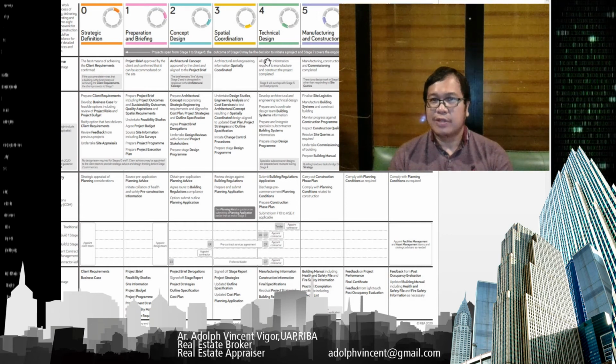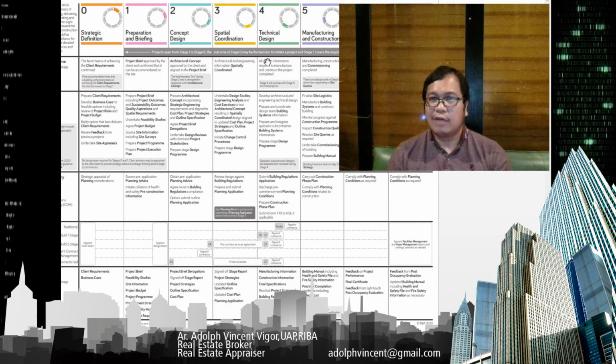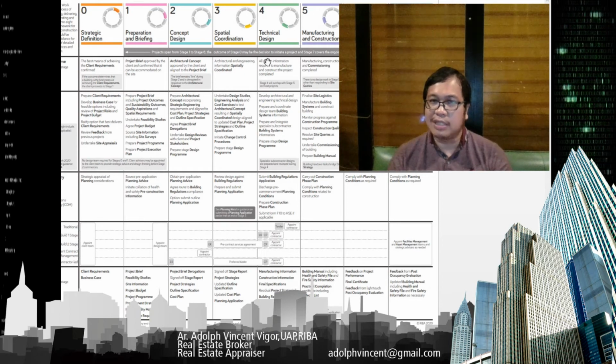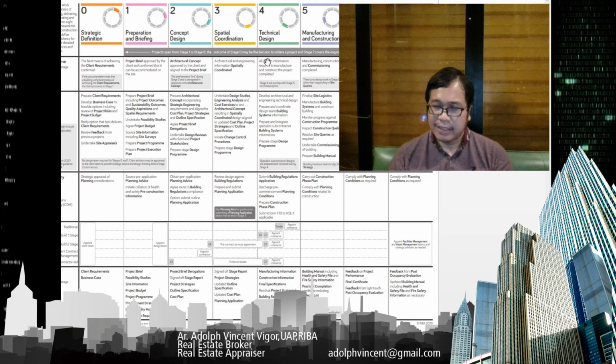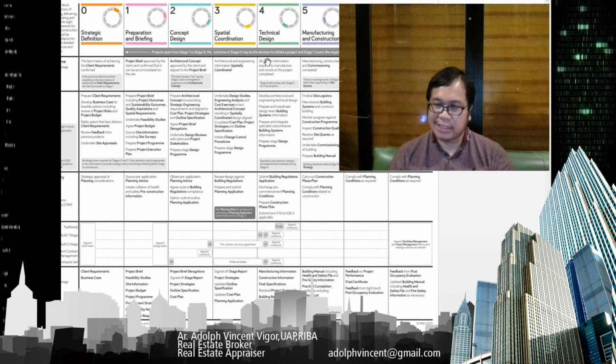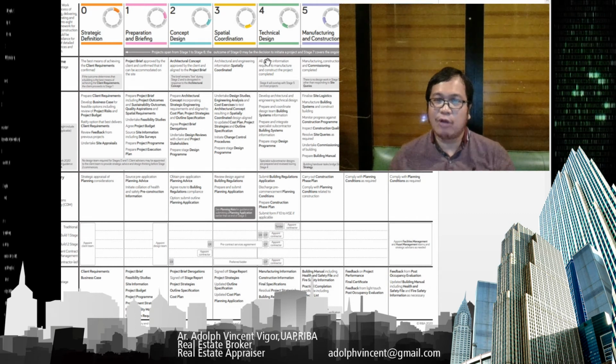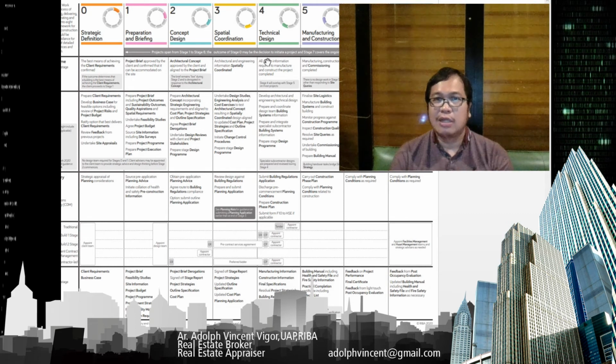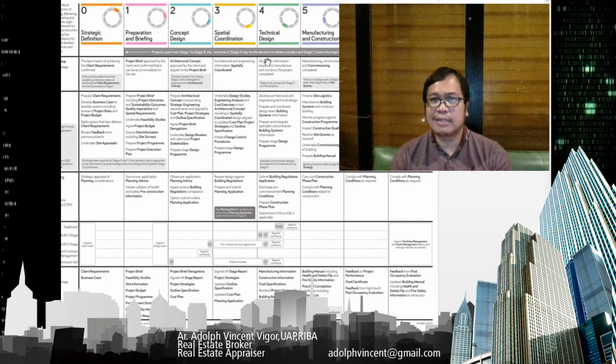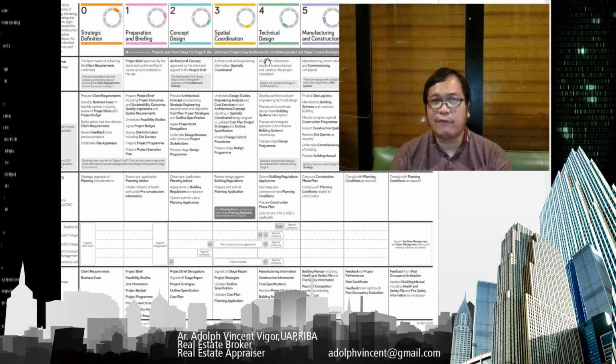So when you design, class, you don't only consider the stage at the moment. You have to look at the building as a whole from start to finish. I think that's the gist of the RIBA plan of work.